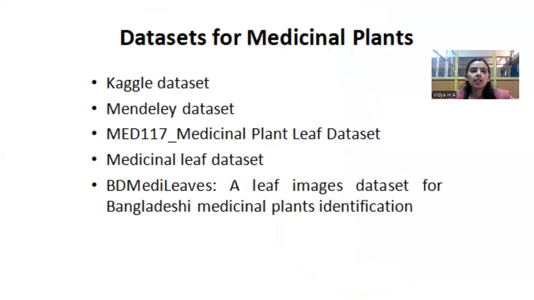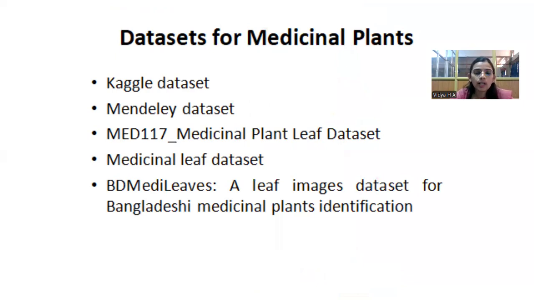This slide gives the information about the datasets available for medicinal plants. These are the publicly available datasets for medicinal plants, but these datasets contain only healthy plant leaf images, and it is limited in number.